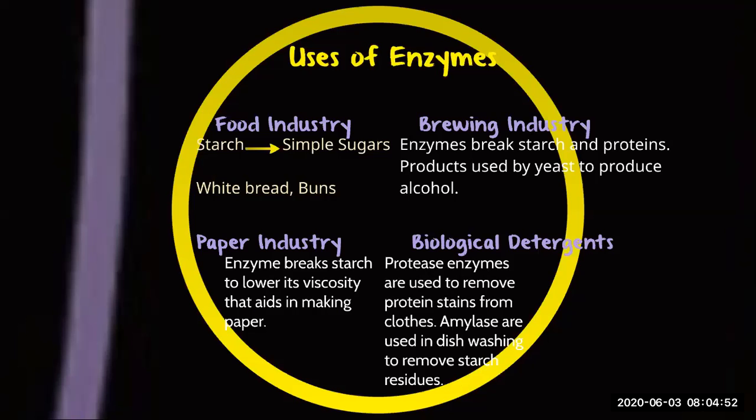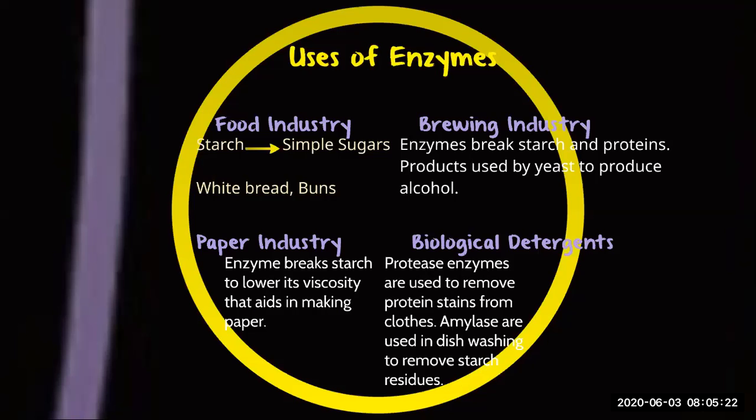Let's talk about juice. It is also runny, not thick. Soup is a bit thick. Sometimes we make a less thick soup, sometimes a very thick soup. That is what we call viscosity. So in the paper industry, enzymes are used to lessen the viscosity, which helps in making paper, right?